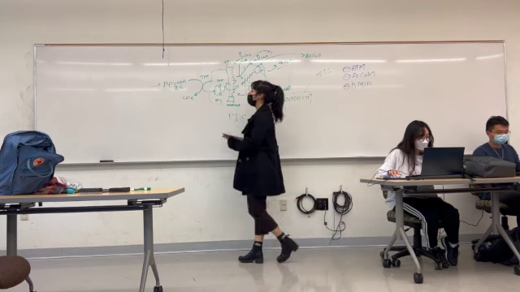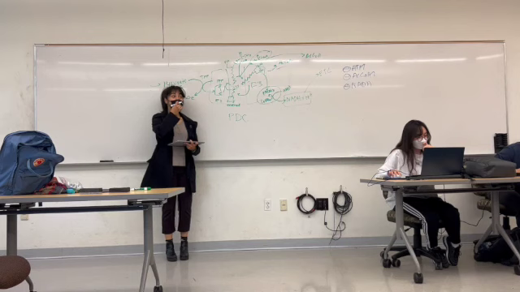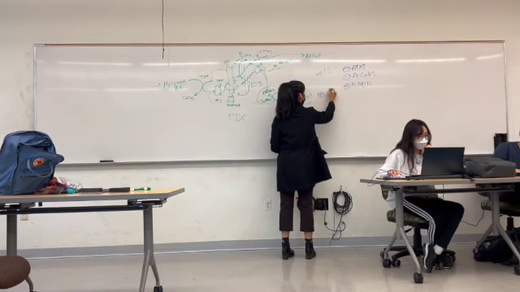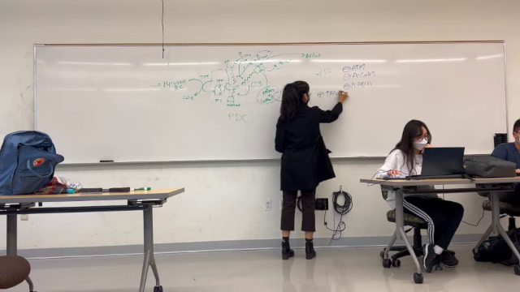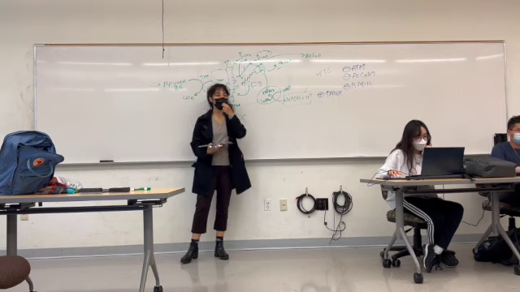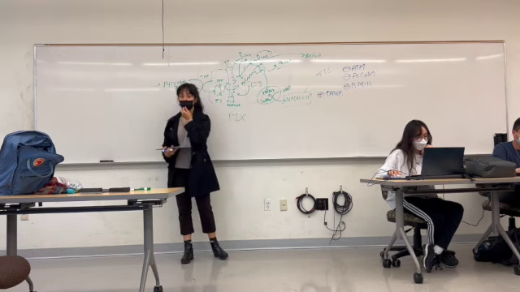Now let me ask you, how do you make the process happen then? AMP. Yeah, AMP. So get this engraved in your head. When there are high levels of ATP, that means AMP levels are low. So what can I tell you?